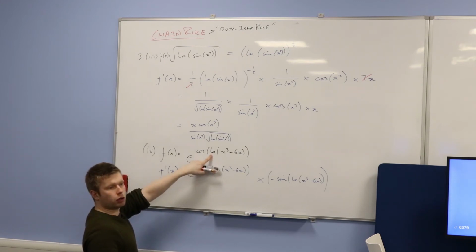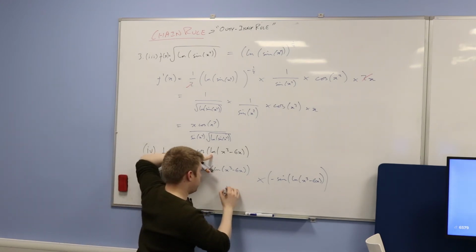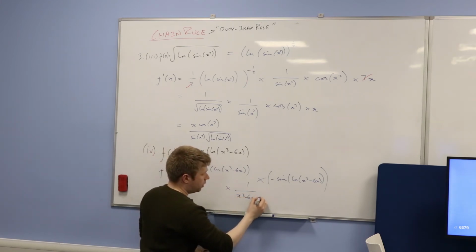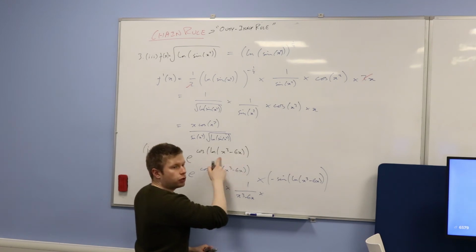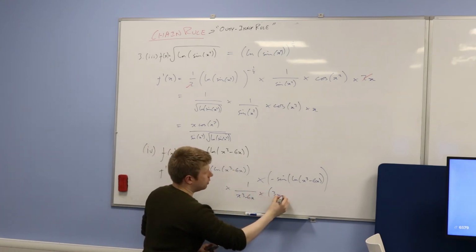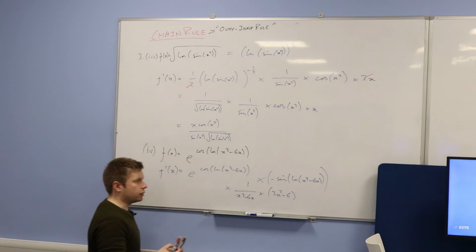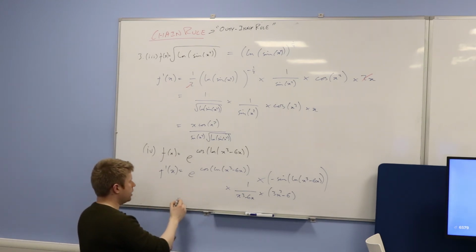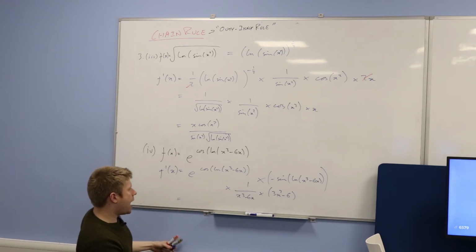What's the derivative of log? Good. So I get 1 over, leaving the inside function alone. Then I multiply by the derivative of the inside function, which is 3x squared minus 6.